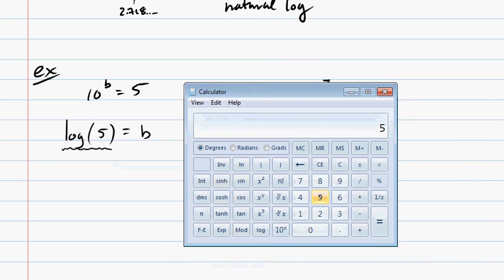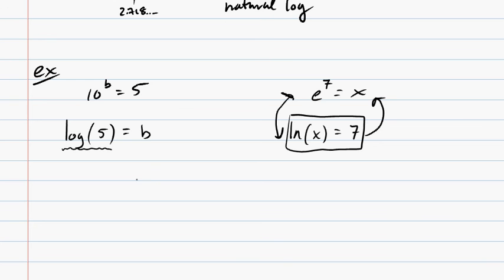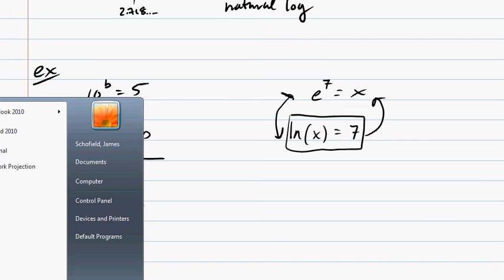So I'll do 5 log, and my answer is 0.699, rounded. So what that means is, if I do 10 to 0.699, I should get 5. And so that's how your calculator will answer these for you.